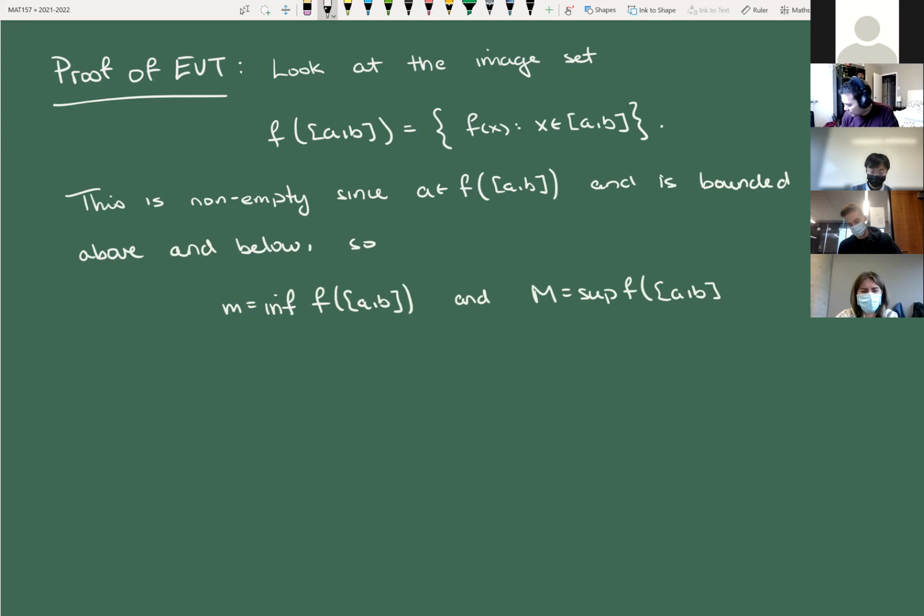Let's call these capital S and little s, because they're in the wrong place. Sorry, I'm just going to name them differently.